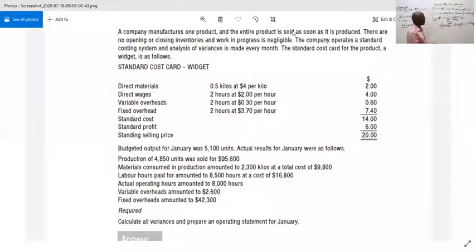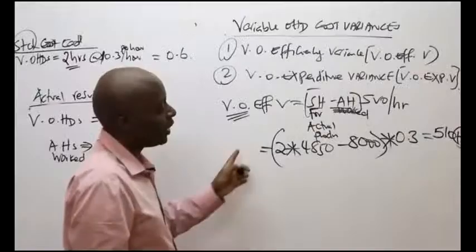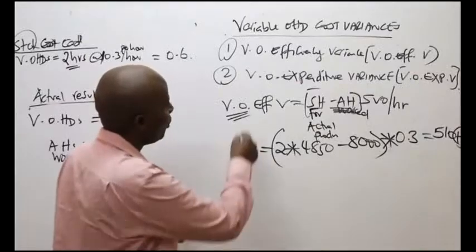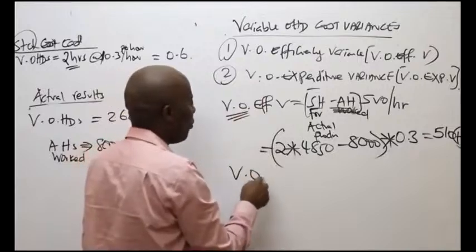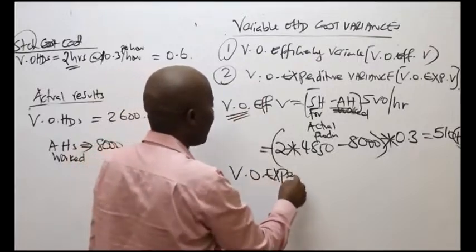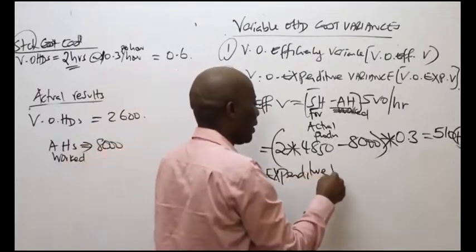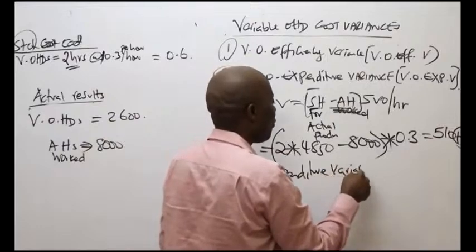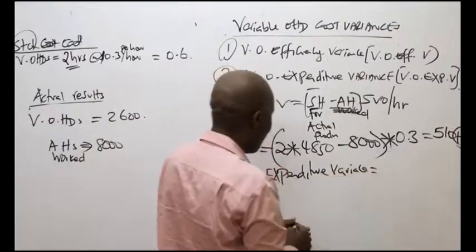So here we are, ladies and gentlemen, variable overhead efficiency variance. Thank you very much. So you go to the next one called variable overhead expenditure variance. For variable overhead expenditure variance, what do we have?